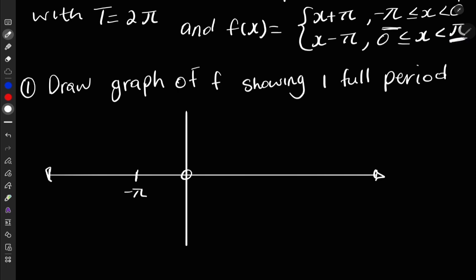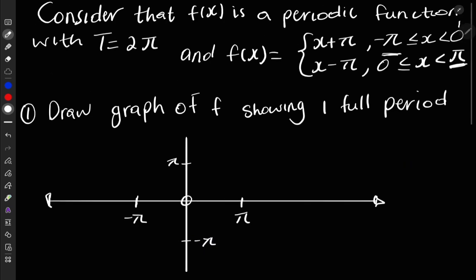You can mark pi there and negative pi there. And then you already know that the first value is negative pi, so you can make a dotted line there. This is where it is all going to start.